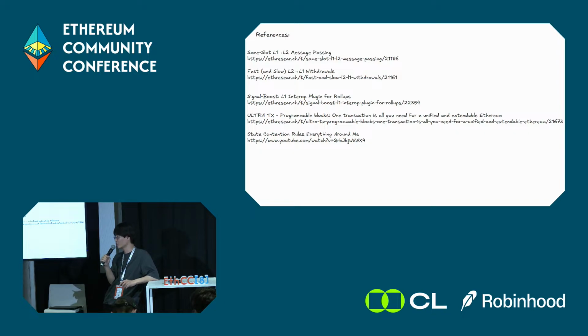You get really synchronous composability, which is super cool, basically by re-executing all the L1 transactions on the L2 side, so you can get the latest L1 state root in real time. That's a pretty cool solution. And the last one is from James at DevCon, and it goes over some of the topics that I go over. It's a very good talk, so I recommend it. Okay, thank you.